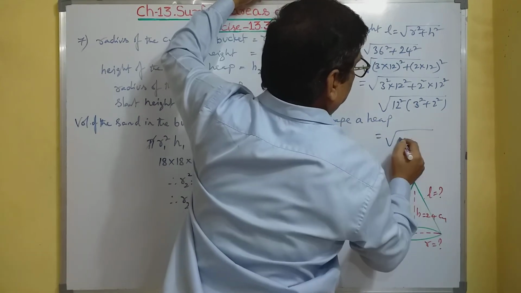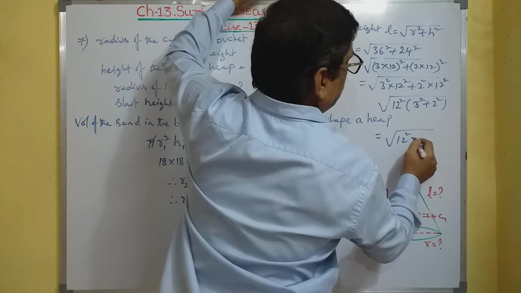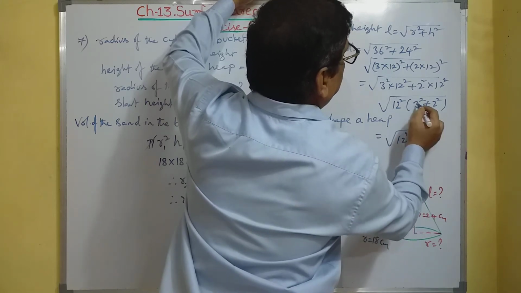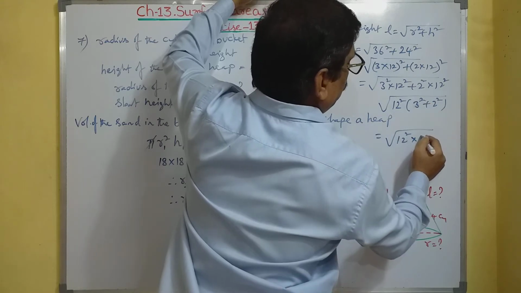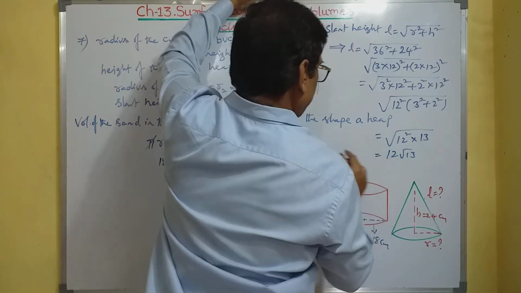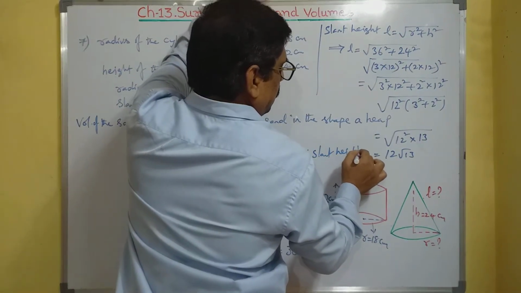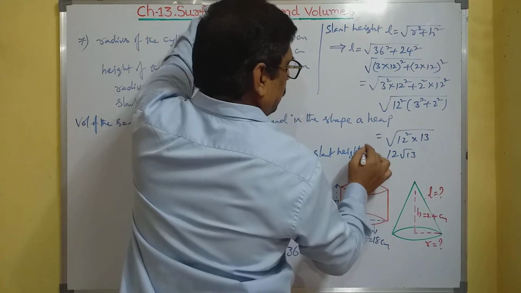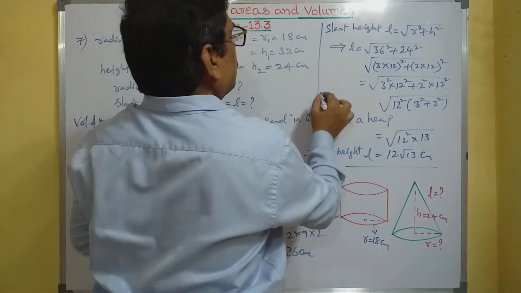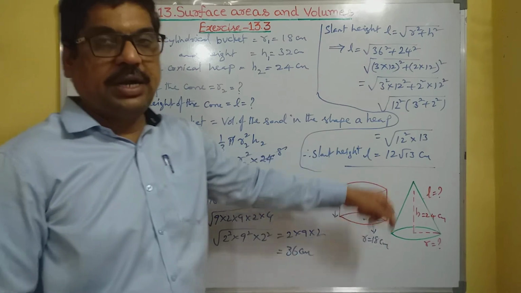So this is equal to square root of 12 square into 3 square is 9 plus 2 square is 4, equal to 13. So root 12 square is 12, 12 of root 13. Therefore, slant height L is equal to 12 root 13 centimeters. These are the radius and the slant height of the cone.